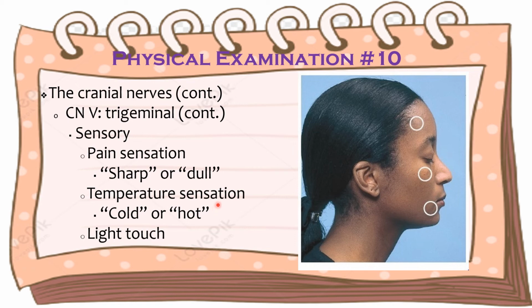It usually feels cool, and if you are near running water, the fork is easily made colder or warmer. Try it before use, of course, in case it is too hot or too cold. Then you can test the light touch using a fine wisp of cotton and ask the patient to respond whether you touch the skin. That is for the light touch.